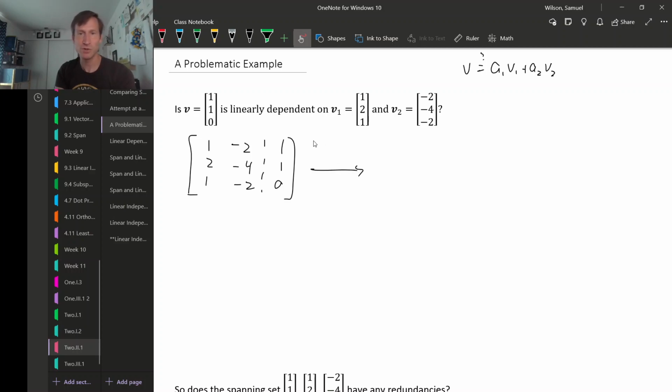That's really what we're doing when we're row reducing this matrix. All right, so fortunately this one is easy to reduce, so just row 2 minus 2 times row 1, and row 3 minus row 1. So 1, minus 2, 1, and then 0, 0, minus 1.